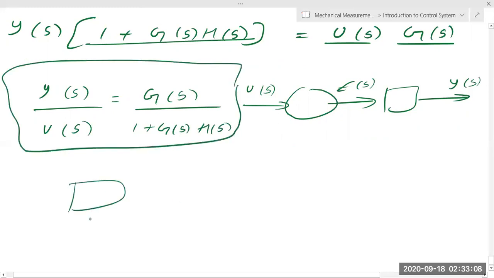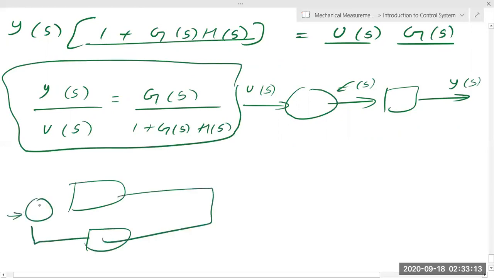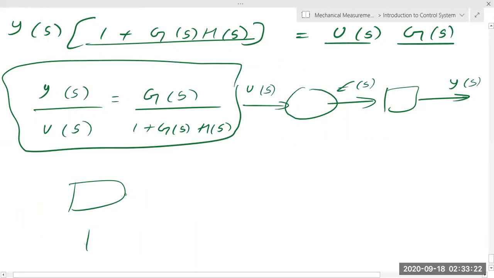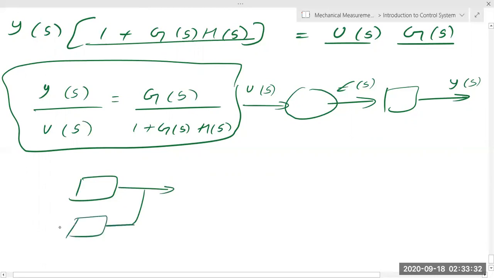Now the block which was looking like this at some point of time, with some error, if I try to simplify, I'll just put it in a normal way so that you also understand. Now this block which was having a transfer function, then an output, then a summing, then a takeoff point, then a feedback, then this feedback going to a summation point, and this is giving an error.